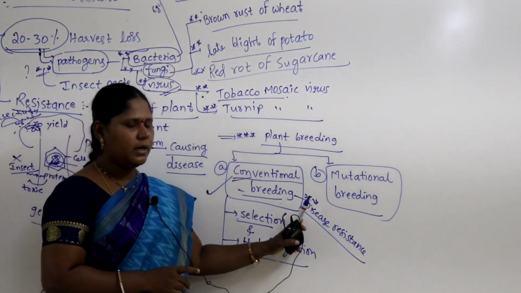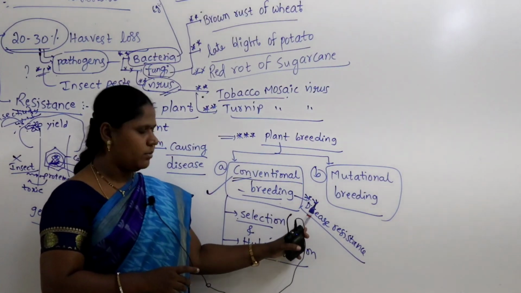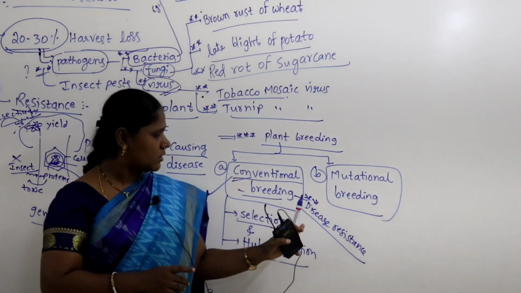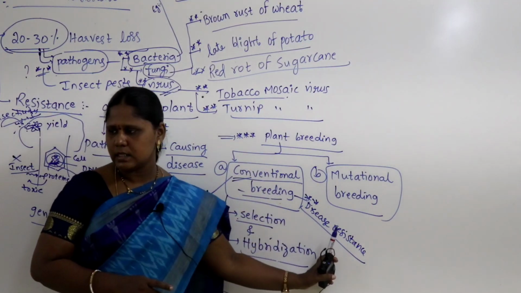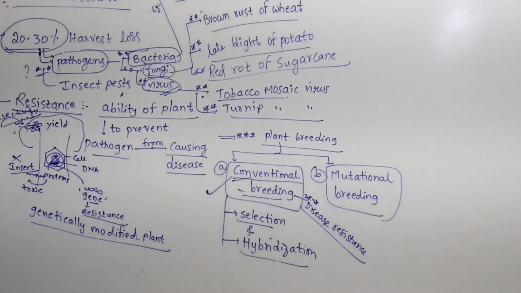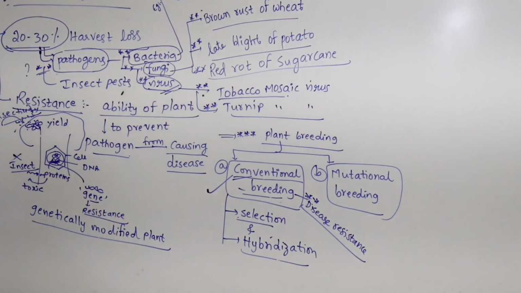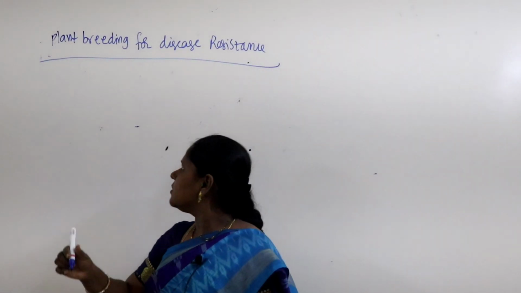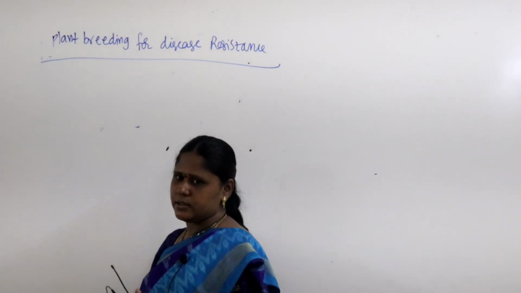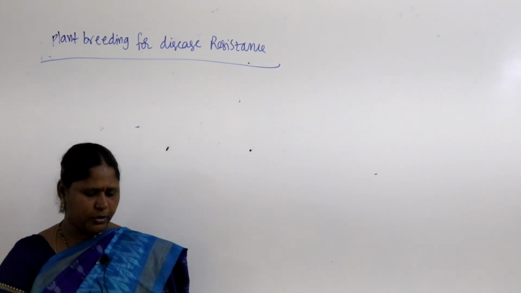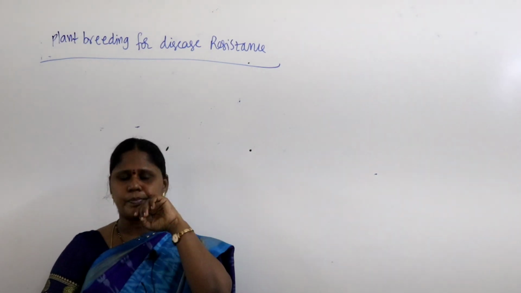I will give you an important table for disease resistance here, that is very important. You need to concentrate and practice it on white paper, right. So let us continue with plant breeding for disease resistance. Now guys, I am going to give you a good table.